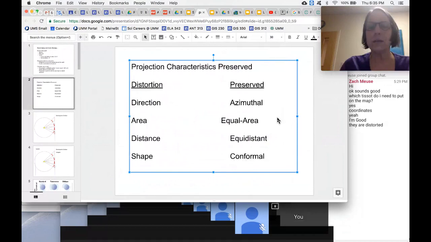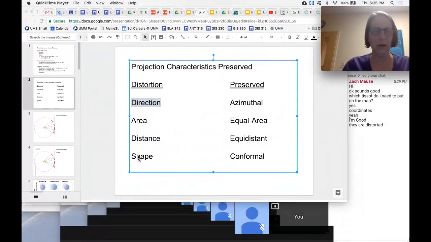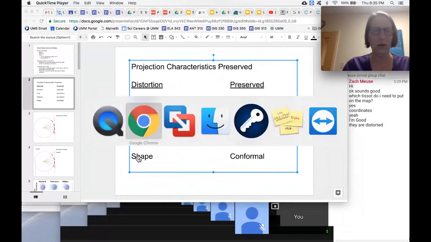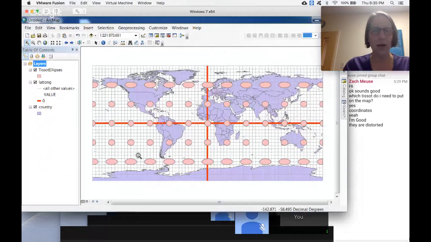So one way that happens, if we look over here at our map, is direction. Direction is not too bad in this map if you're only going north or south.